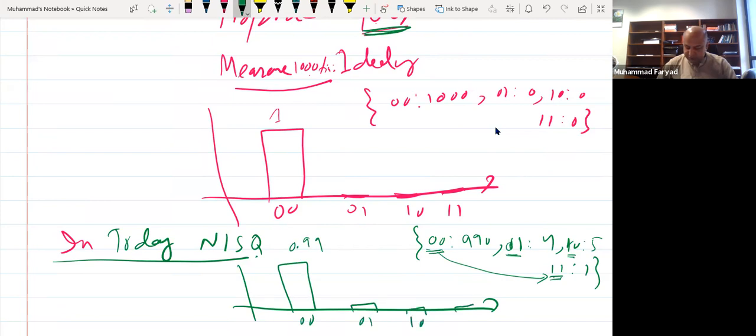This plot will look different on different quantum computers. A noisier computer will have these at a higher level and this one lower, and a better computer will have the 0,0 state with higher probability and other states with lower probability.